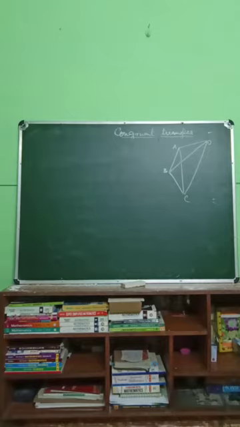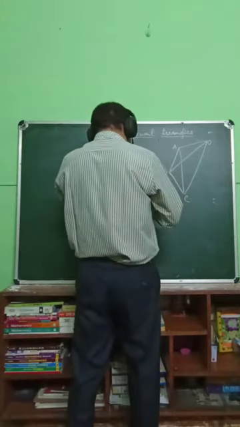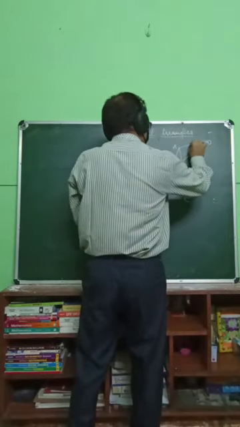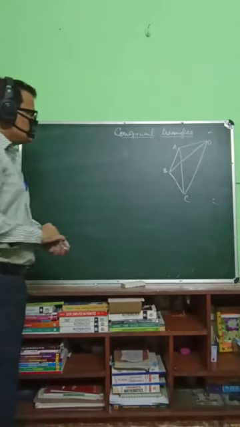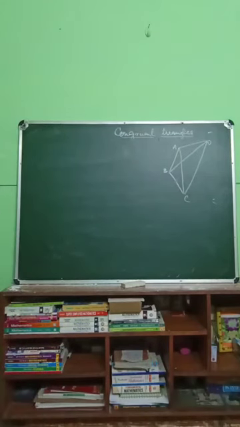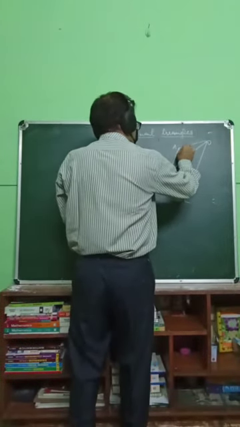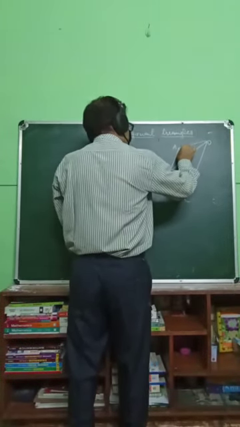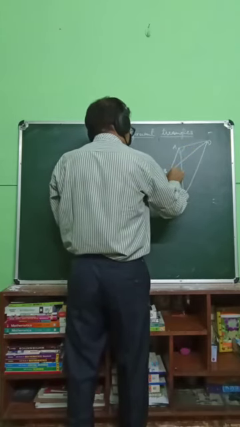Now what is given? AD is equal to BC. This side equal. Also angle DAB. Angle DAB means this angle. This angle is equal to CBA.